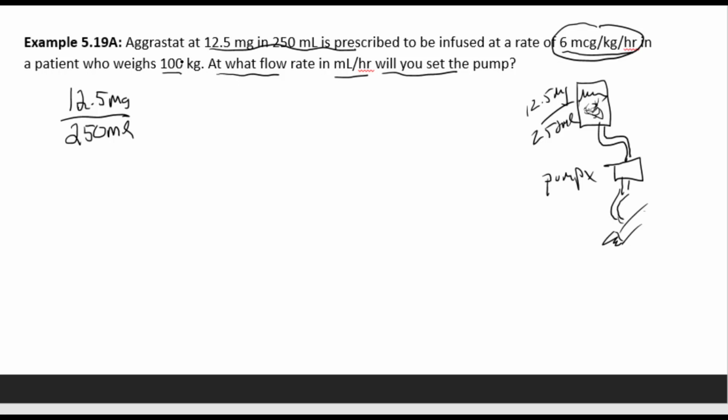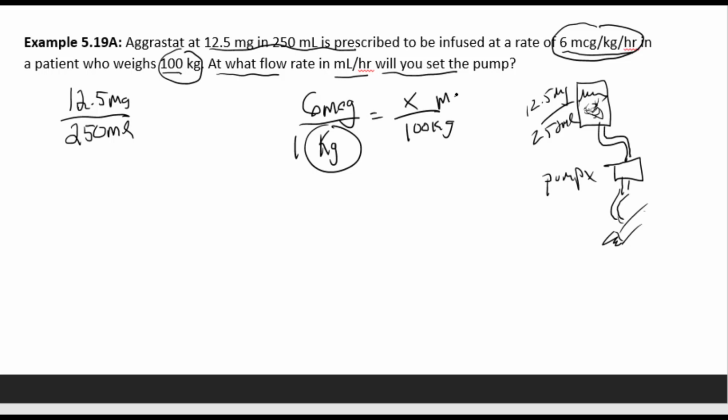So the patient weighs 100 kilograms. Let's figure out at least how many micrograms are going to be administered per hour, because this means that much of the medicine for every kilogram the patient weighs. So if the patient weighs 100 kilograms, how many micrograms should they get?